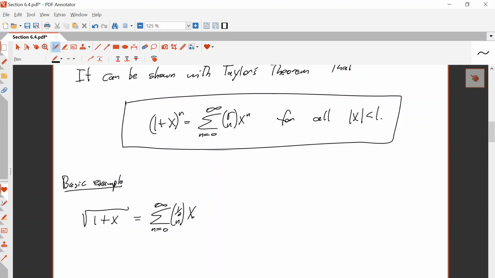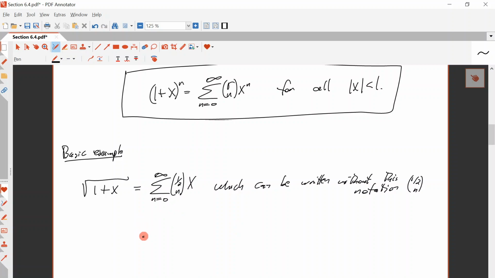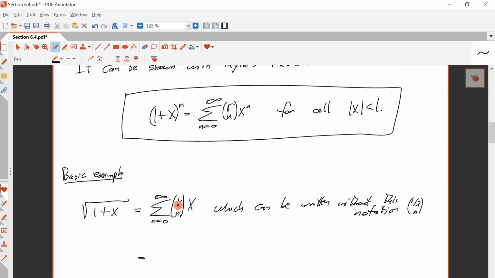Which can be written without this notation, as follows. For n equal to 0, 1/2 choose 0 is 1.